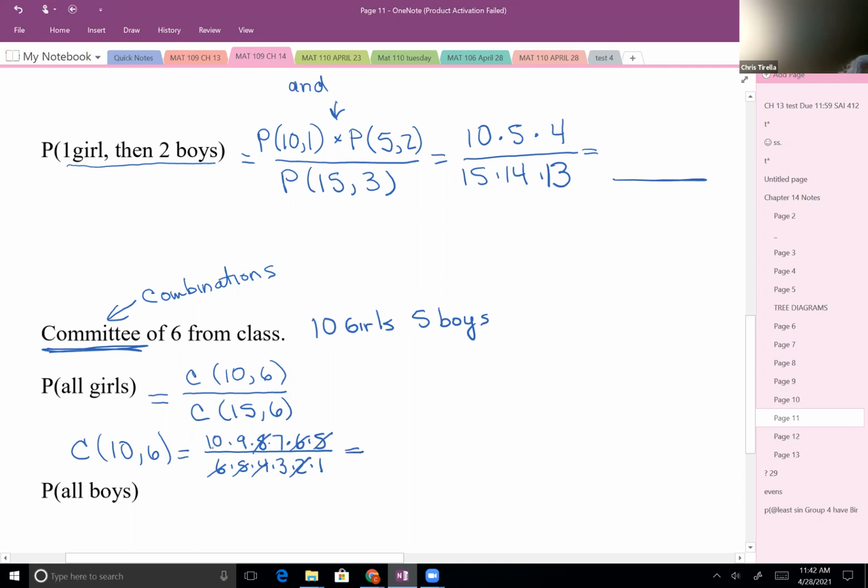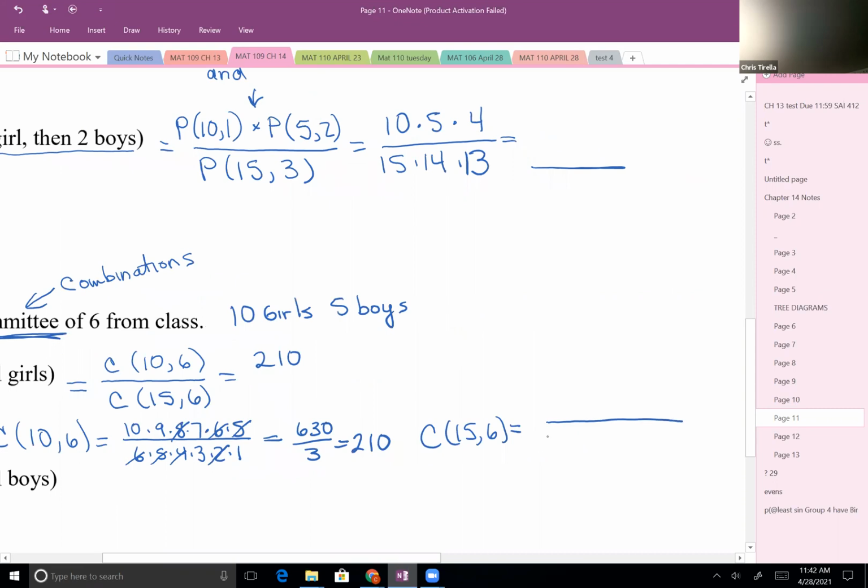And so let's see, that would give me 90 times 7 is 630 over 3. So there's 210 ways of getting those girls. In the denominator, combination 15, 6. Since the smaller number is 6, we'll have 6 factorial in the denominator. Then we have 6 factors starting with 15.